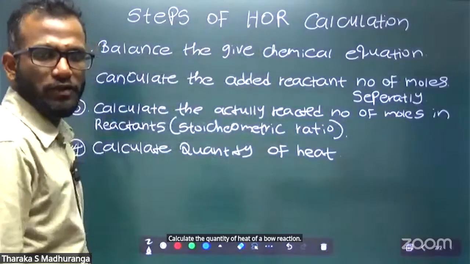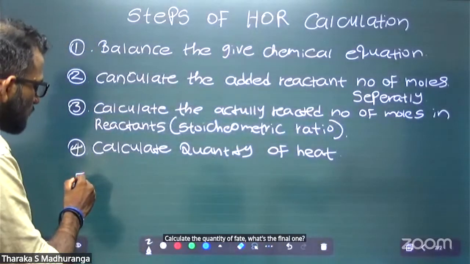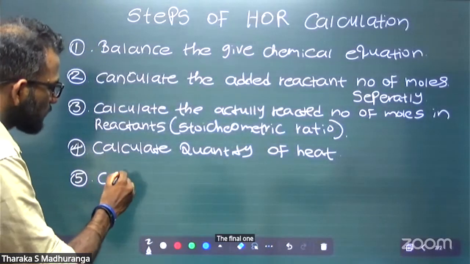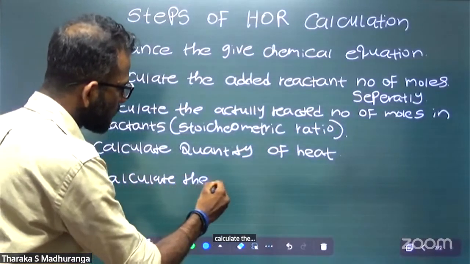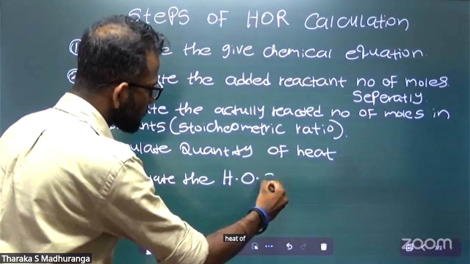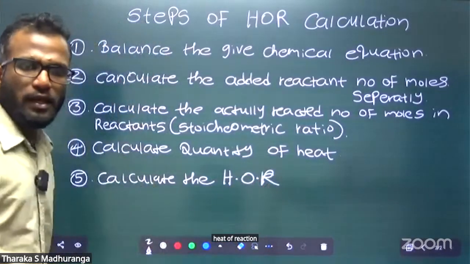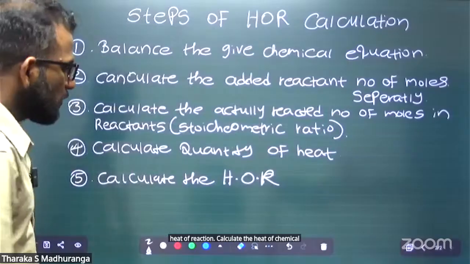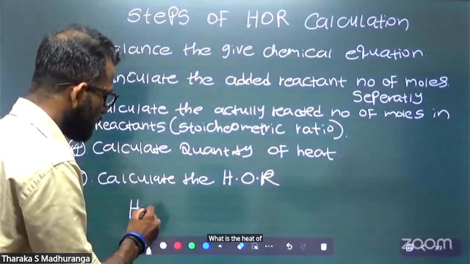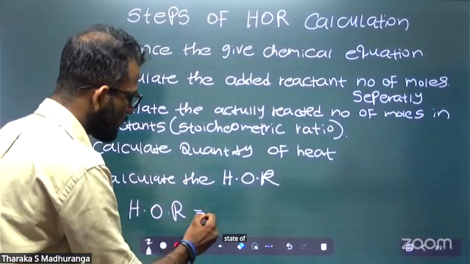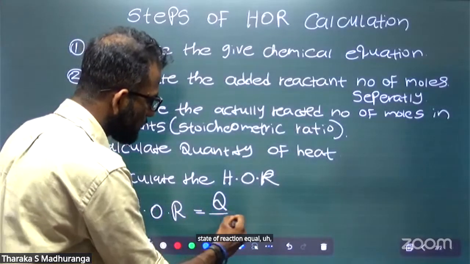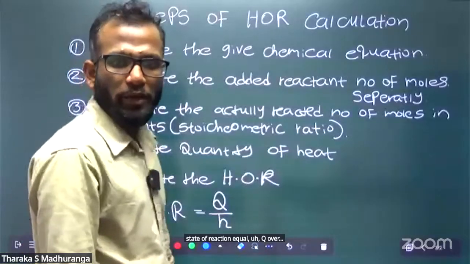What's the final one? Calculate the heat of chemical reaction. What is the heat of chemical reaction equation? Heat of reaction equals Q over n.